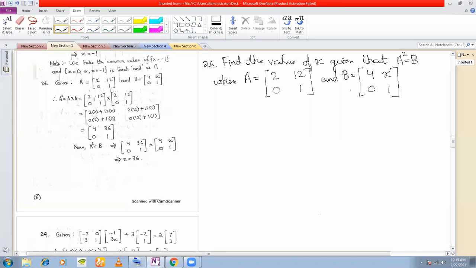That is what you have. The question is to find such a value of x that A square must be equal to B.